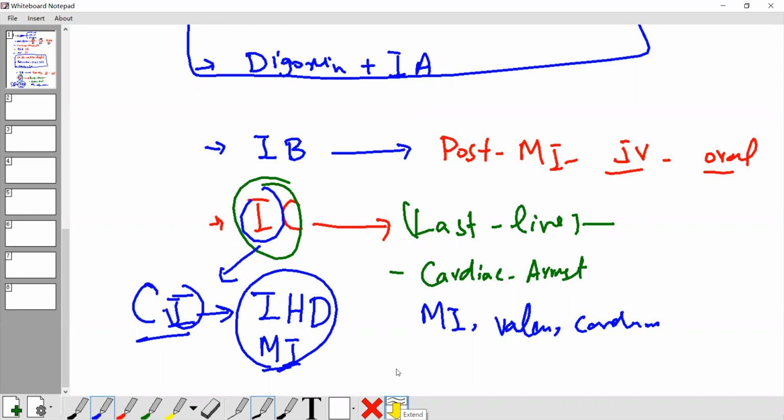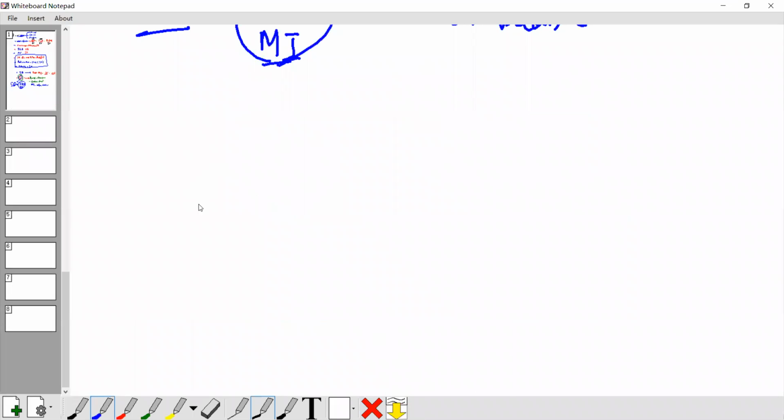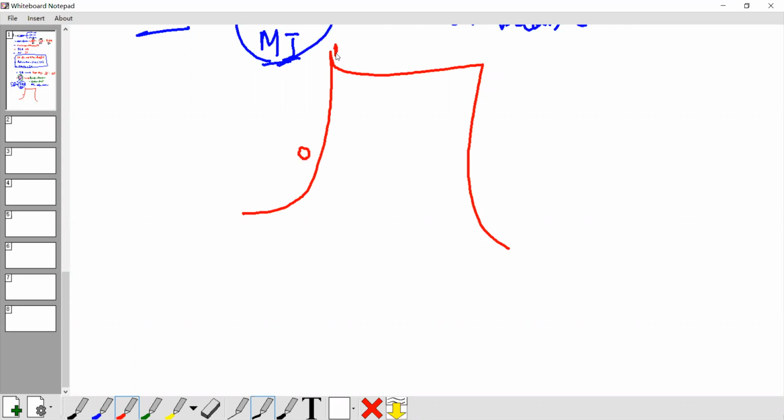Now let me know which phase of the action potential this class acts on. If you remember normal physiology, the ventricular muscle potential has phases 0, 1, 2, 3. What happens in phase 0 in cardiac muscle? Sodium influx. Then potassium efflux. Then potassium efflux and calcium, the phase 2 plateau.